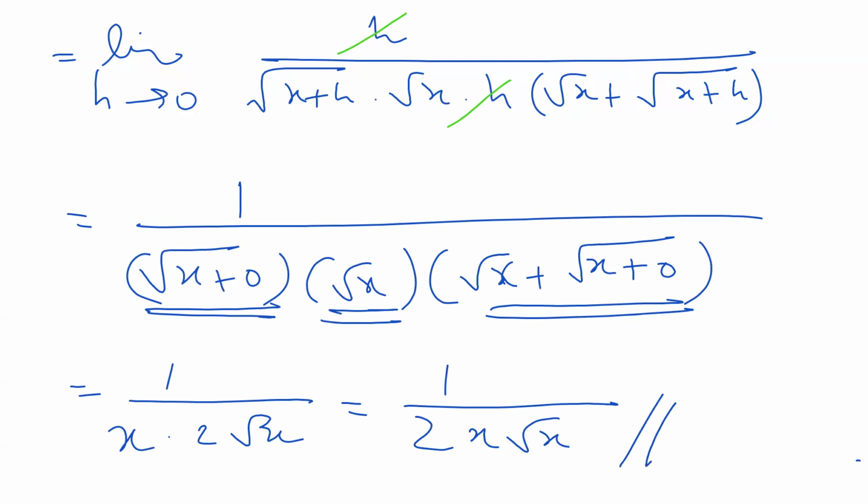Okay. So I guess that was your question number 4. We take you to question number 5. Question number 5, f of x is equal to root x plus 1.